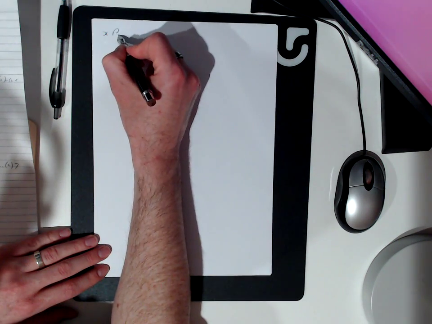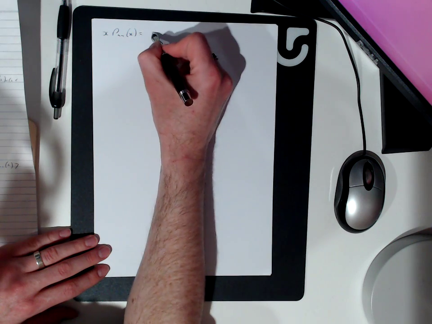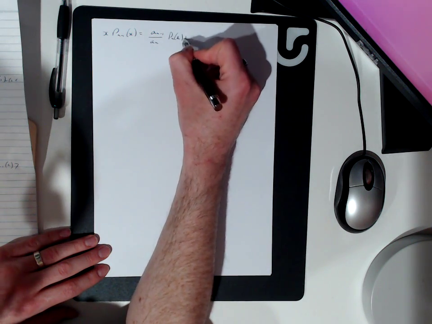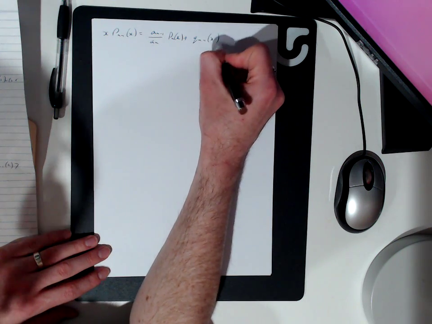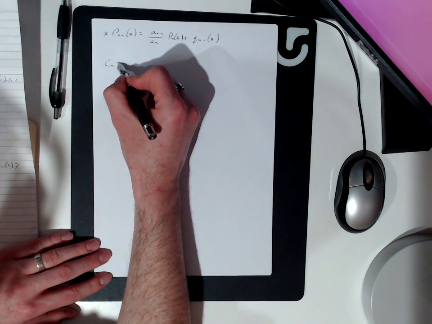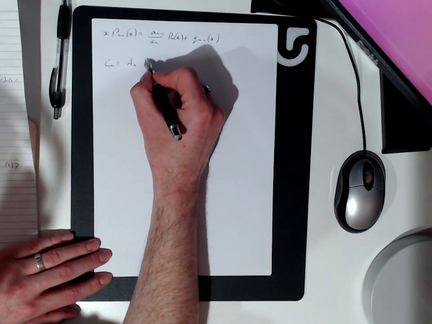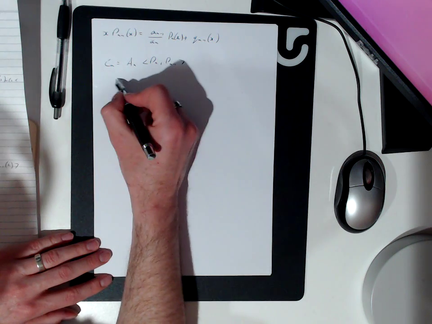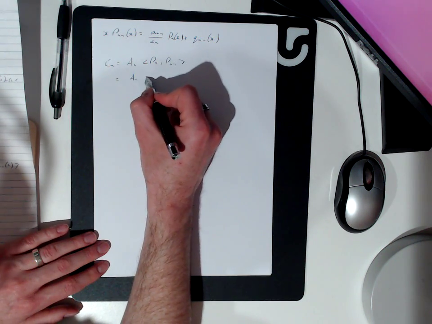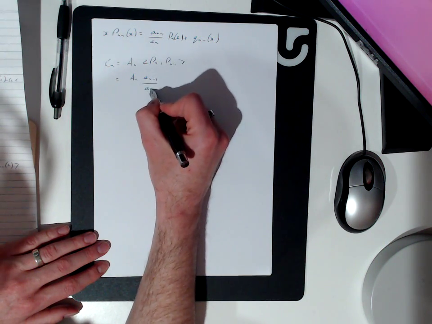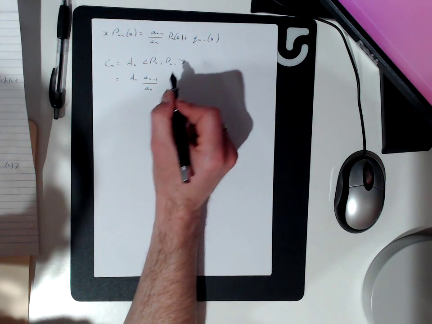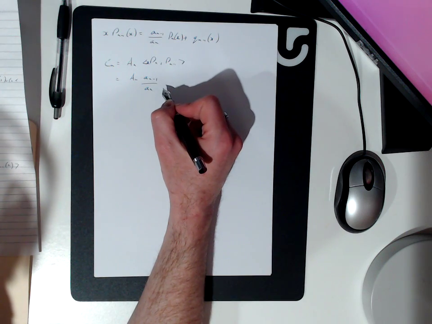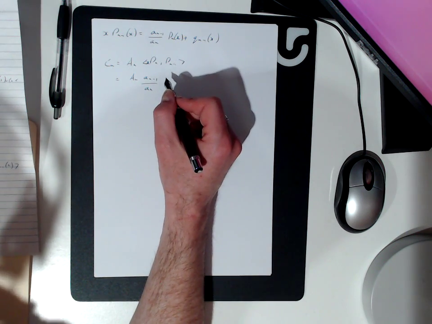because we know that x times P(n-1)(x) has to equal a_(n-1) over a_n P_n(x) plus something of lower degree. And that, of course, implies that C_n is equal to a_n times the inner product with P(n-1), which is a_(n-1) over a_n, after you do a little bit of calculation.